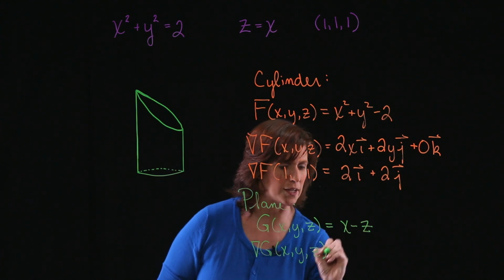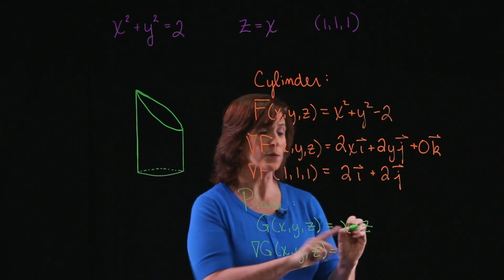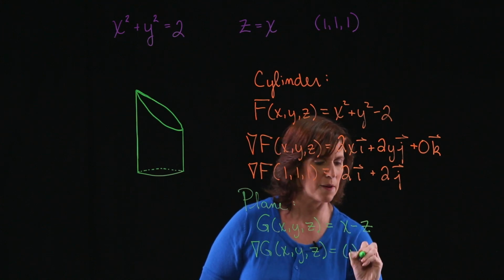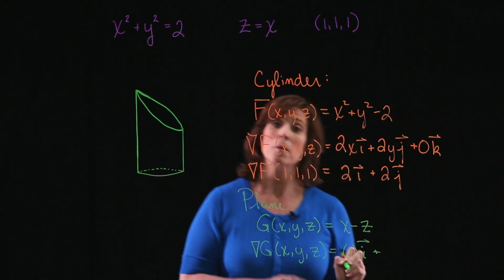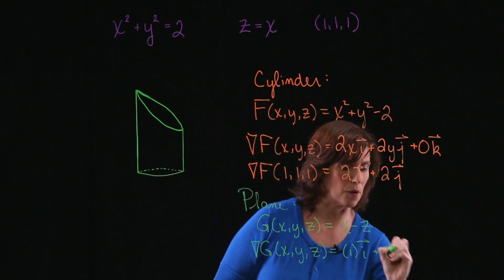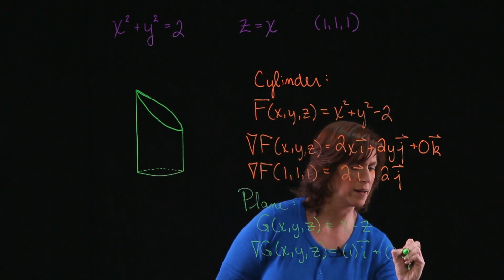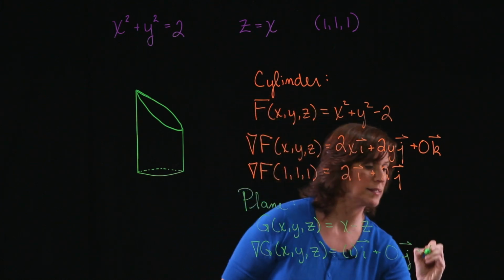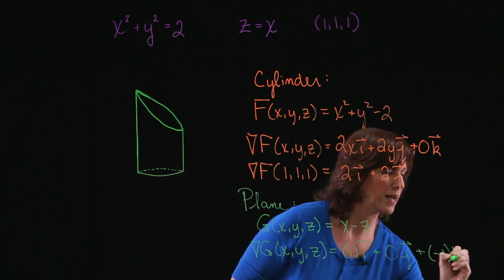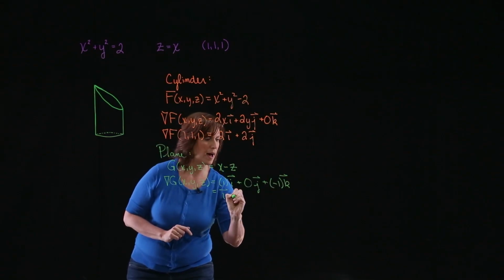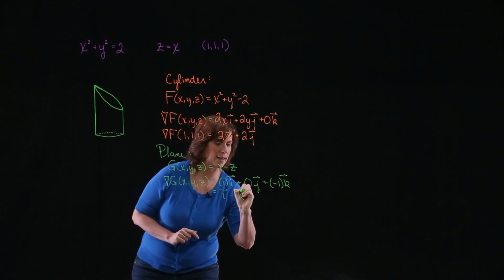So the gradient of g is going to be the partial with respect to x, which is 1, times my vector i, plus the partial with respect to y, which is 0, times my vector j, plus the partial with respect to z, which is negative 1, times my vector k. So that becomes i minus k.